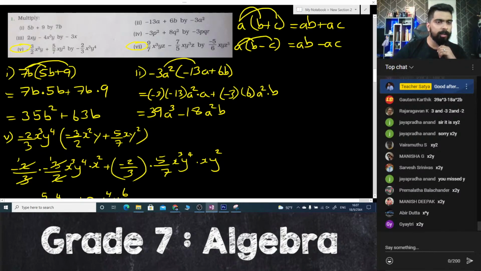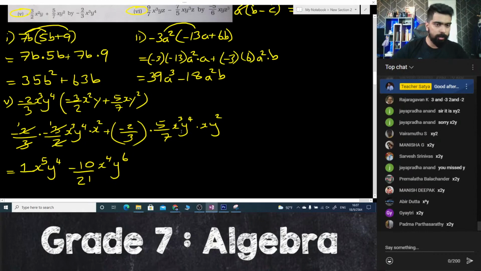Y cube and then negative 3 over 2 x square y plus 5 over 7 xy square. Where did I miss a y? Let's see where I missed it. Oh, I forgot the y here, right? Ah, right here, multiplied by y.